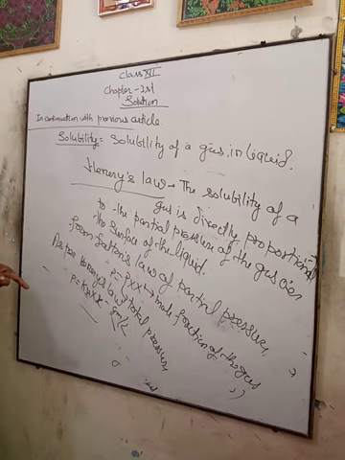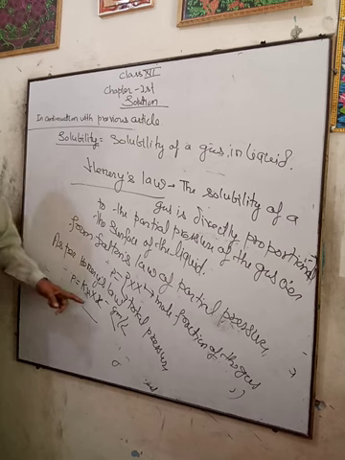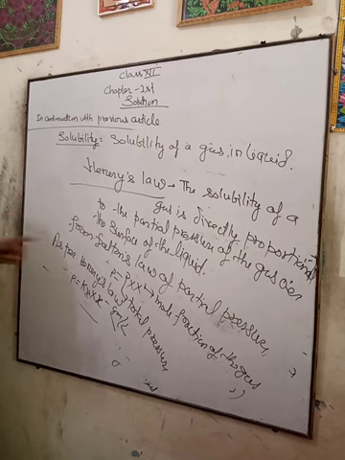How much gas is dissolved inside the water is given by X, and the value of X is read in gram per liter. So P is equal to KH into X.